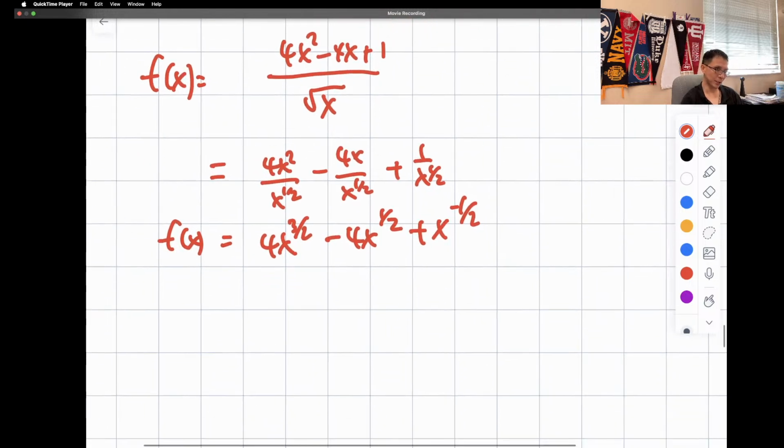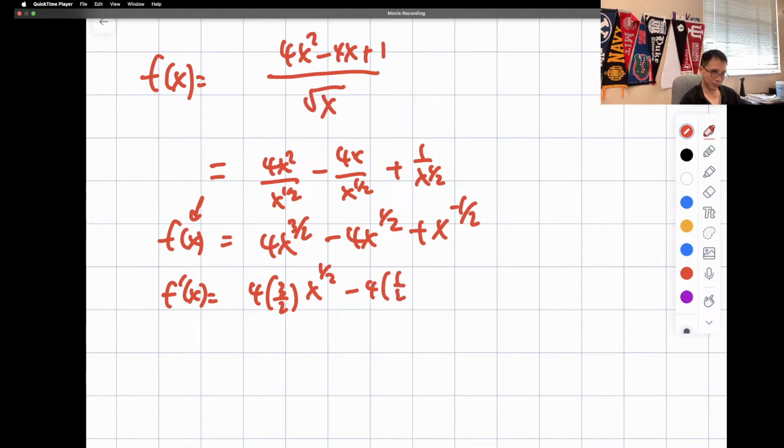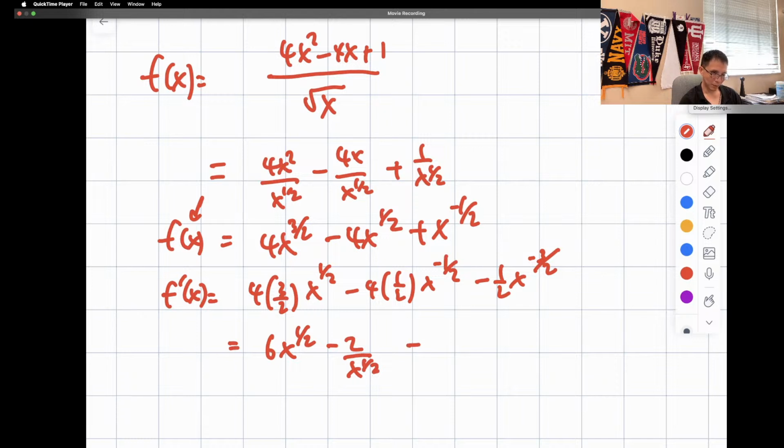Yes. The reason I'm still writing down f of x here is that I haven't taken the derivative yet. So that's going to give you 4 times 3 over 2 times x to the 1/2, minus 4 times 1/2 times x to the negative 1/2, minus half x to the negative 3 over 2. So that's equal to 6x to the 1/2 minus 2 over x to the 1/2, that becomes the bottom, minus 1 over 2x to the 3 over 2.